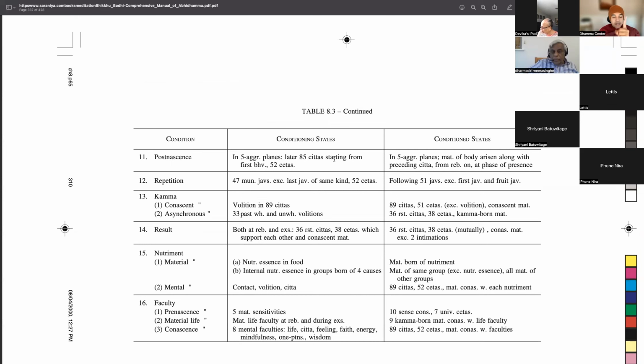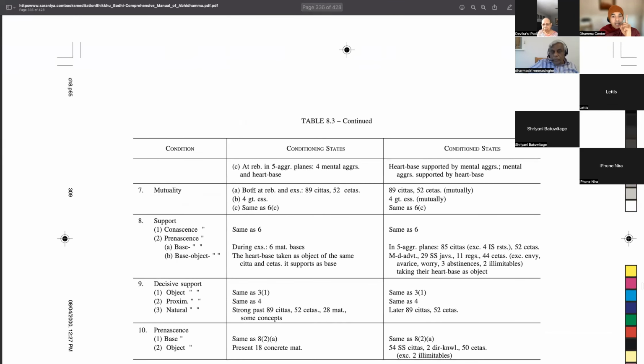That one consciousness out of the 89 chittas conditions the arising of other chittas and chetasikas.